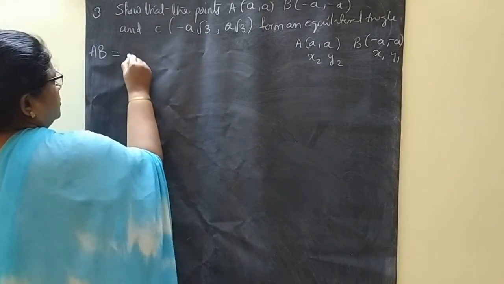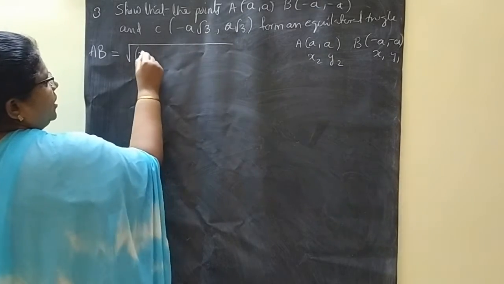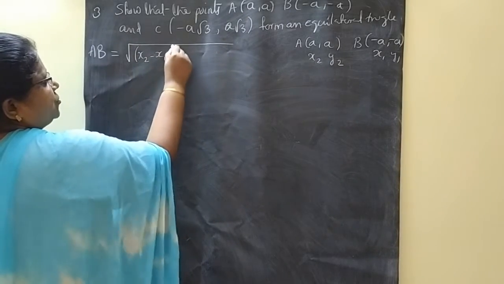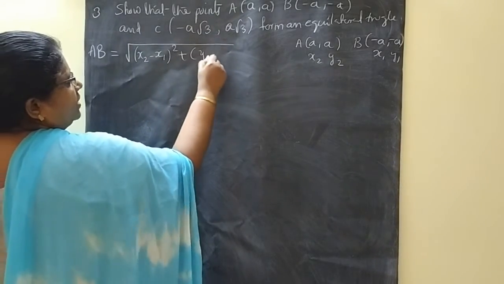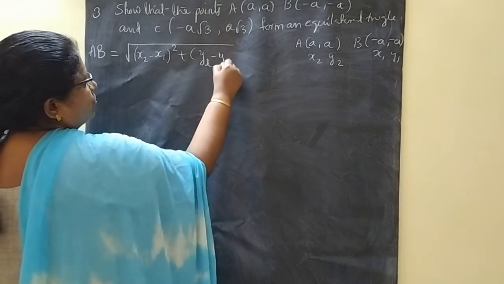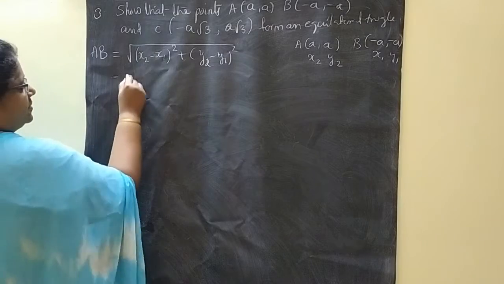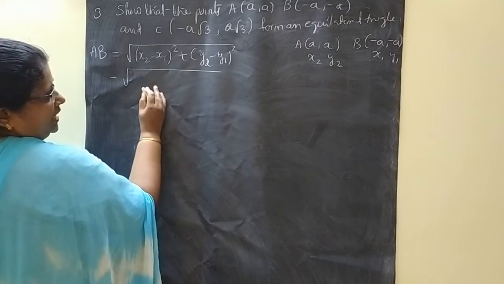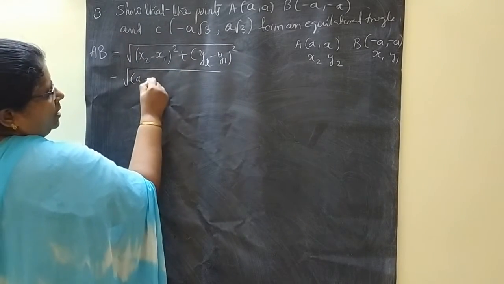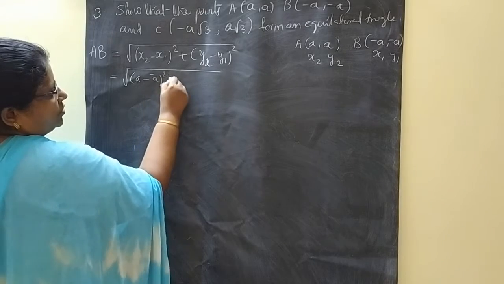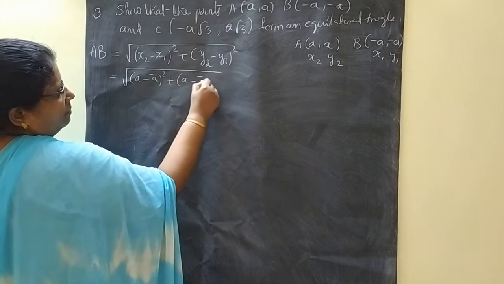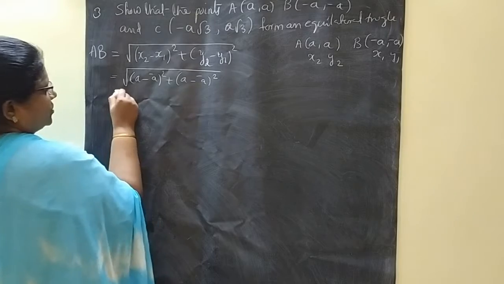The first line, compulsory, you write the formula: root of (x2 minus x1) whole square plus (y2 minus y1) whole square.